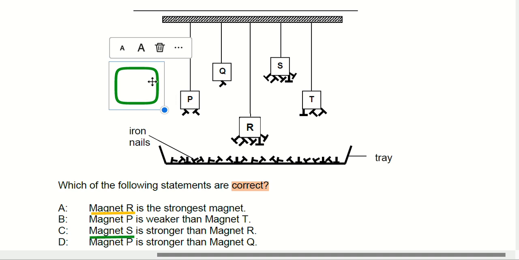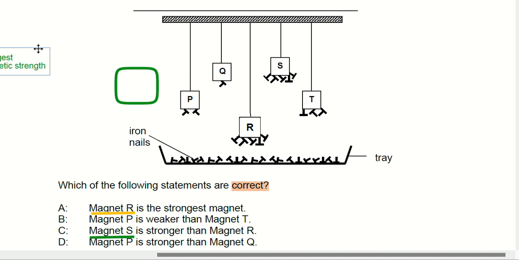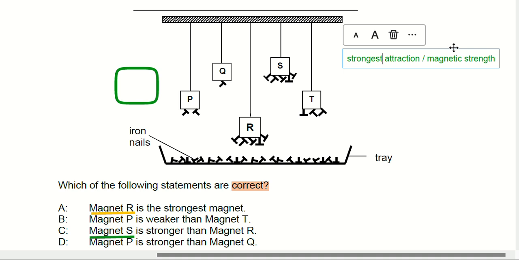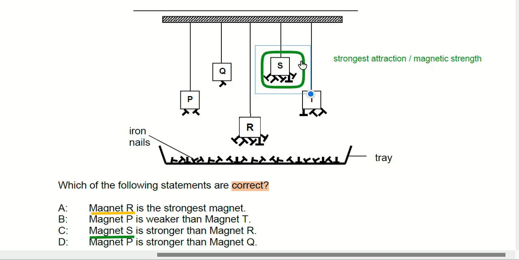So here, we want to find out which magnet has the strongest magnetic strength, or we say strongest magnetic attraction. The magnet that has the strongest attraction is either S or R because they attracted the most number of nails.